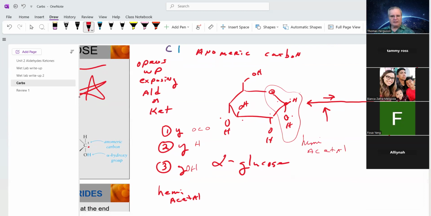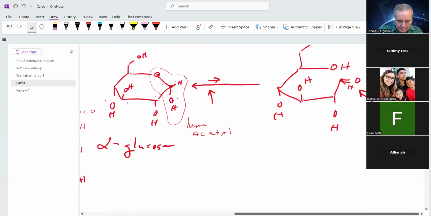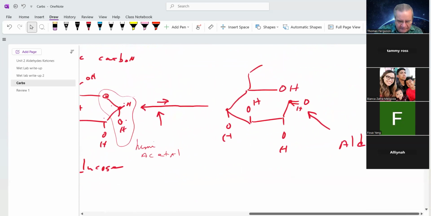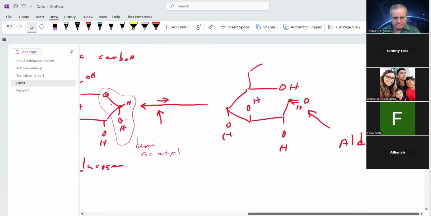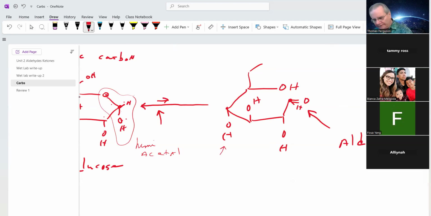Now, remember in our last chapter on aldehydes and ketones, if there's another alcohol around, that hemiacetal will then go to a full-blown acetal. Well, guess what? Here we have another glucose molecule, and this end hydroxyl group is functioning as an alcohol in terms of this acetal reaction.